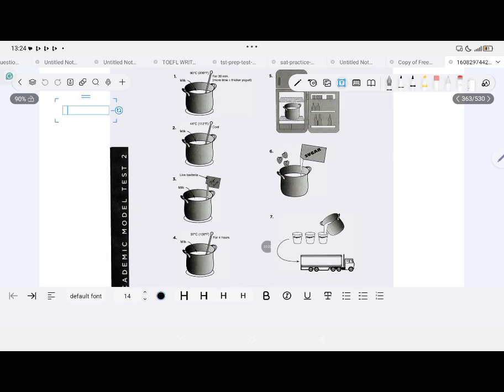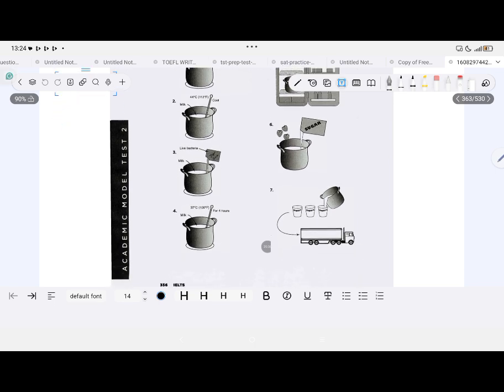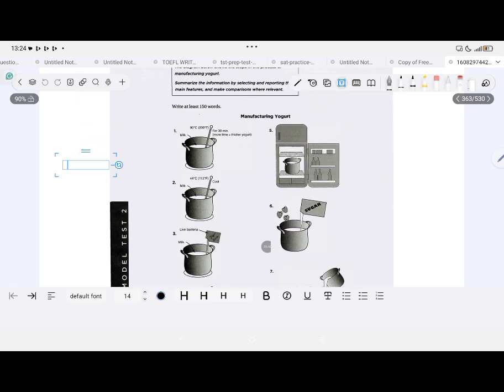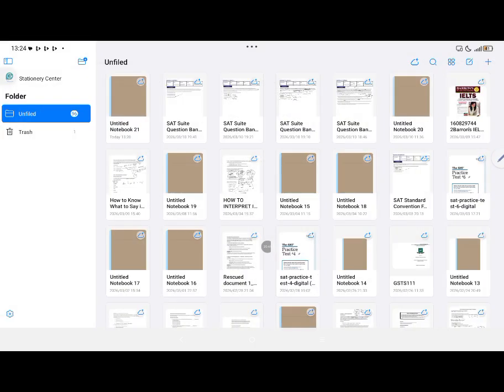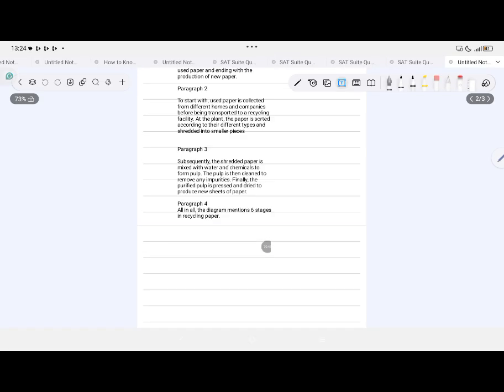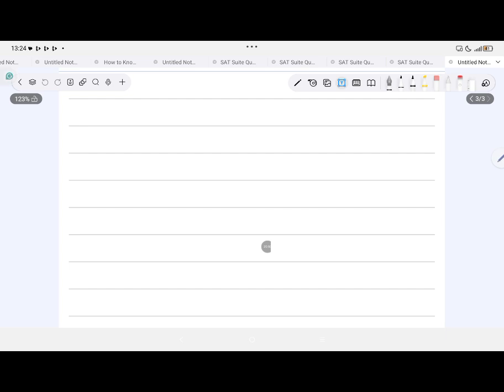Let's break the processes into two. We can say 1 to 4 will be one paragraph, 5 to 7 will be another paragraph. Do you understand? So now let's write our introduction. We'll use the same document. We'll start with our introduction.